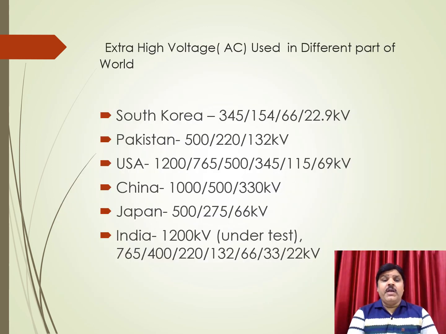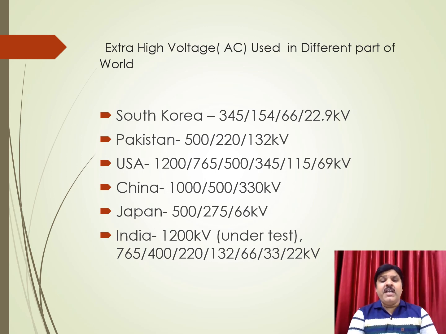Now, before coming to the main topic of reactive power, we want to show the extra high voltages used in different parts of the world. Here we can see South Korea with 345, 154, 66 and 22.9 kV, and in Pakistan 500 to 220 kV and 132 kV. Similarly, the USA uses 1200, 765, 500, 345, 115 and 69 kV.